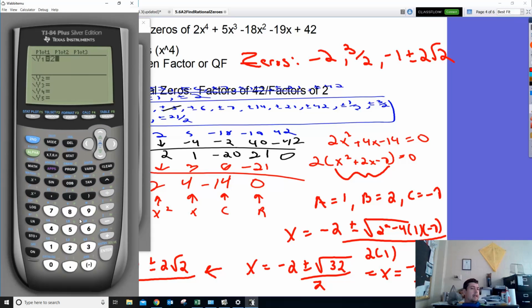Anyways, what I'm doing here is I'm going to graph the original function. There's a reason I'm doing that.